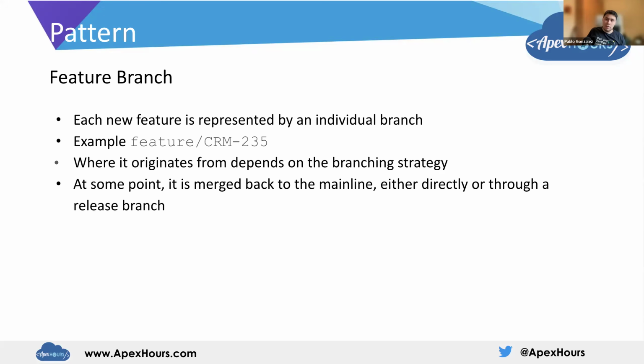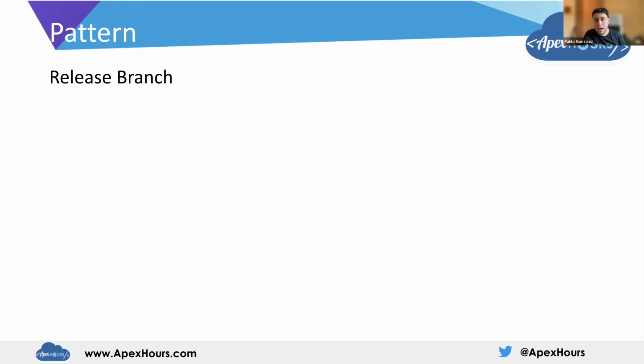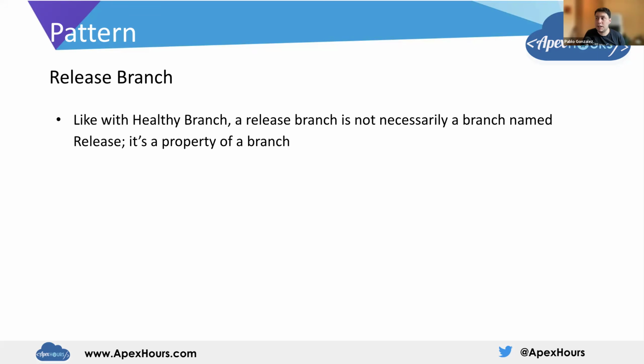And the idea of a feature branch is that at some point, it's merged back into the main line, either directly, like we merge that branch directly into main, or through another branch, which is typically a release branch.